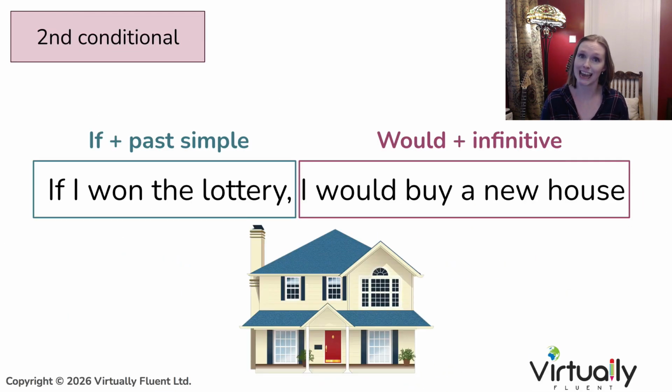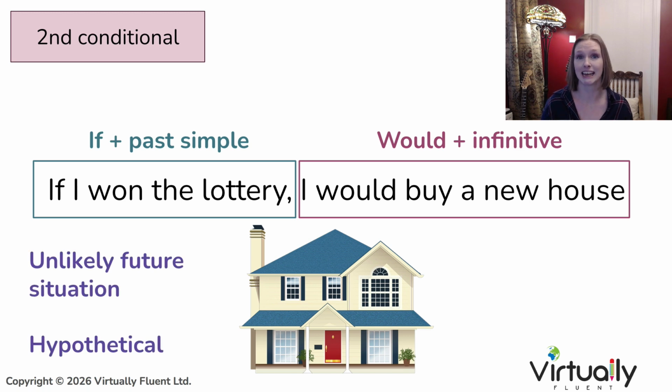Let's move on to the second conditional now, with the same idea that we have two parts in our conditionals. In second conditional, event A, our scenario, is the if clause, which is going to be with the past simple tense. And the second part is the would plus infinitive. It's really important to note that this has nothing to do with the past tense. It's just used in this conditional structure.